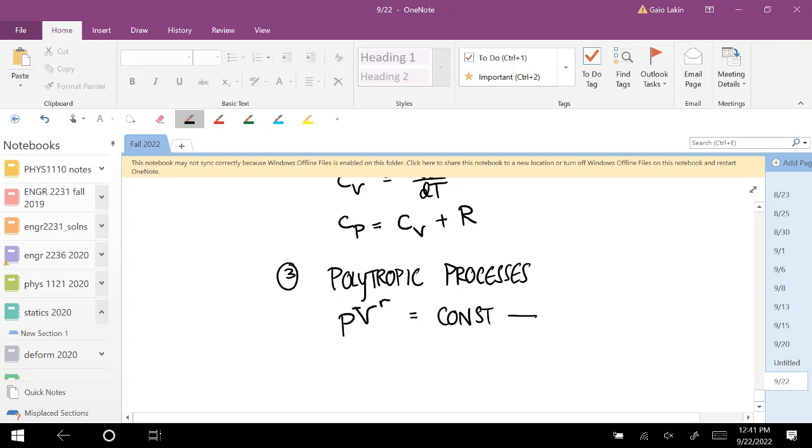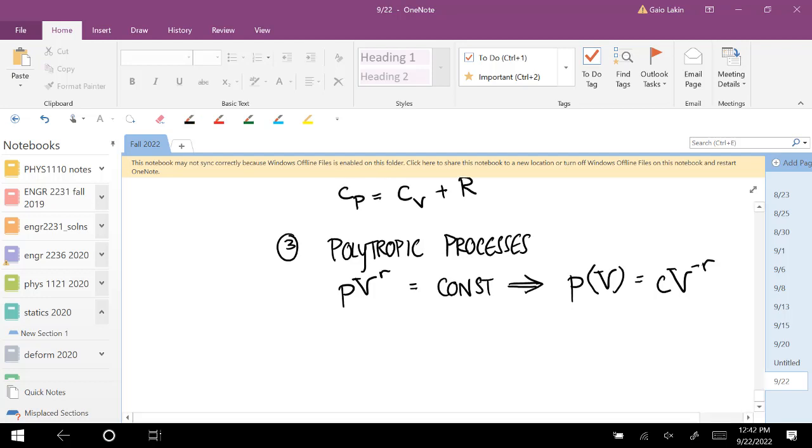You can rearrange this as pressure as a function of volume is equal to some constant times V to the negative R. The most useful fact about processes like this is that since you have pressure as a function of volume, you can use the integral of P dV relationship to calculate the work as the integral from state 1 to state 2 of C V to the minus R dV.